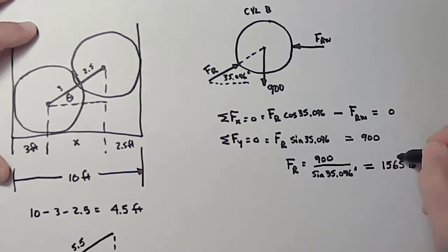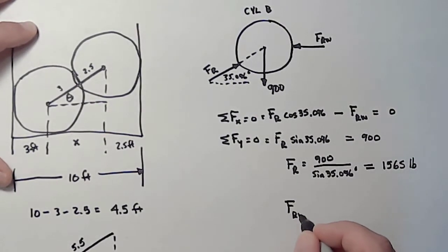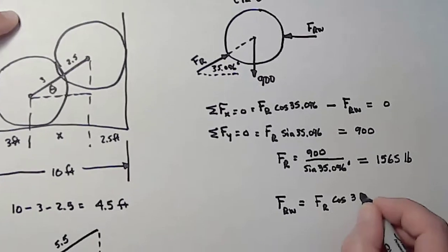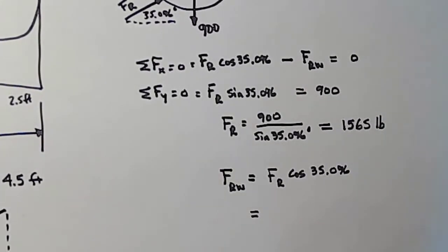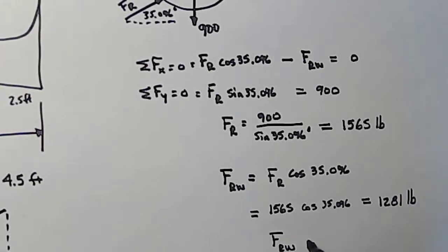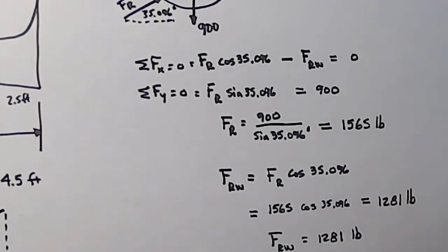Now if I take 1,565 pounds and substitute it into the x equation, I get F right wall is FR times the cosine of 35.096, which means the force on the right wall is 1,565 times the cosine of 35.096, which equals 1,281 pounds. That's half the problem.